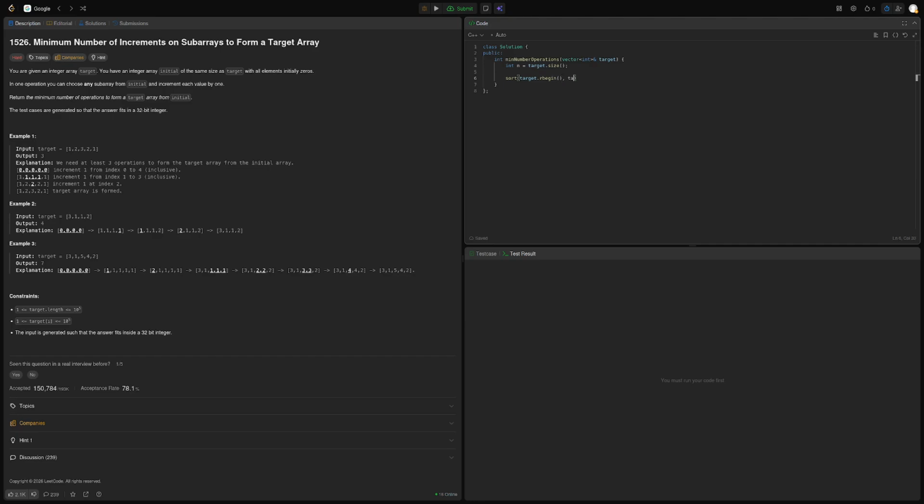Target rbegin, target rend, right? So we sort them backwards, actually not sure if I want that. What I want to do is this: target push back 0, or let's do this, we create a new array for our purposes because I don't want to write target every time. Then I push back 0, and then we create an array of sorted indices with a custom sorter.